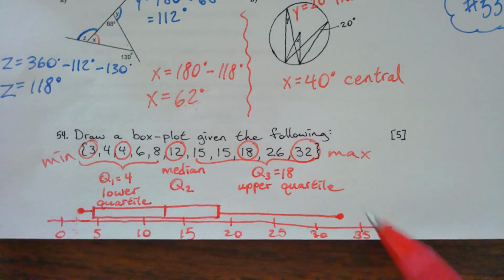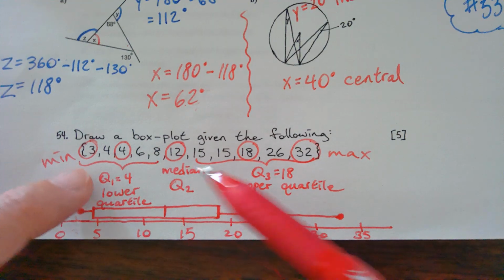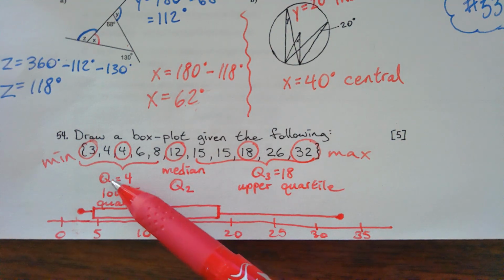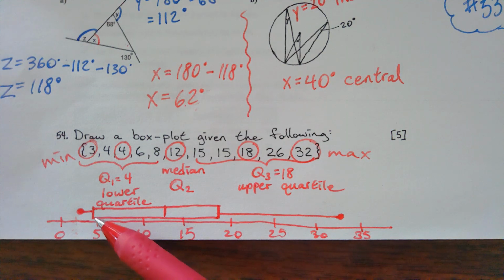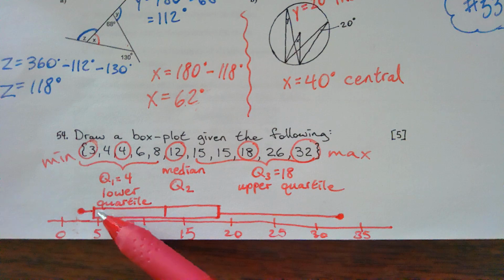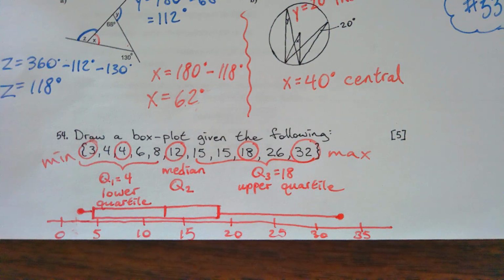So if you don't write out these numbers, like you notice right here, I see that Q1 equals 4, but here it almost looks like it's 5. So it's better to write more than too little on the exam.